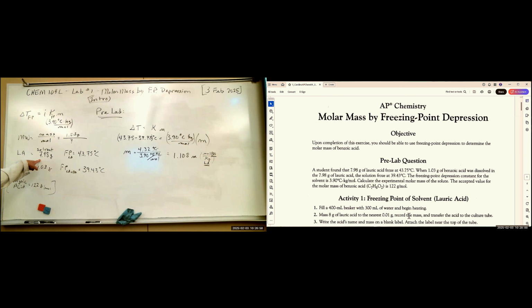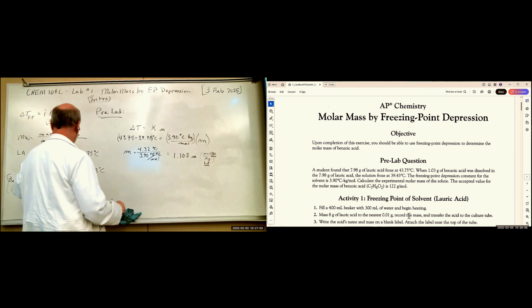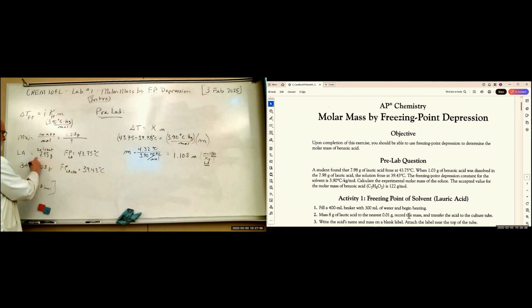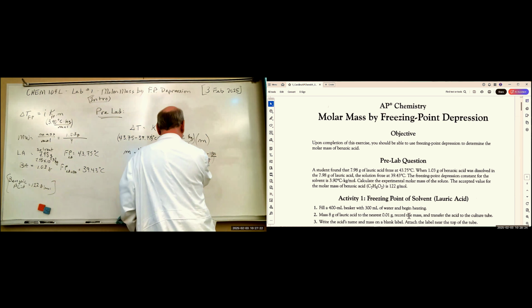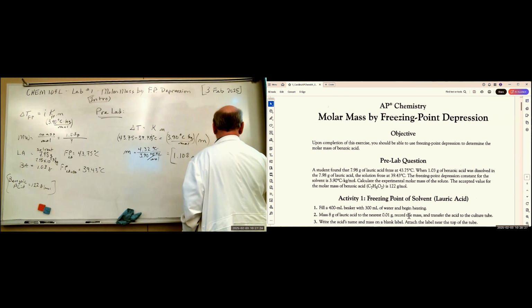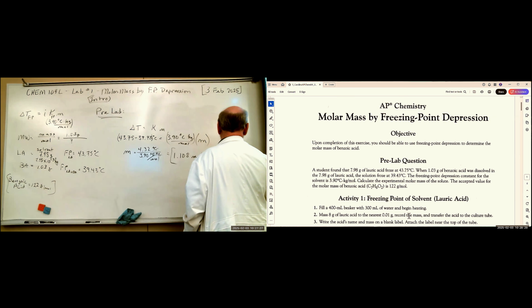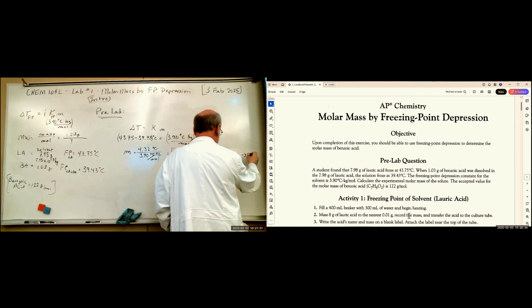How many kilograms is that? 7.98 grams is 7.98 times 10 to the minus 3 kilograms, because if the units get bigger, the number has to get smaller by a factor of 1,000. So if we multiply this times 7.98 times 10 to the minus 3 kilograms, kilograms cancel and we're left with moles.